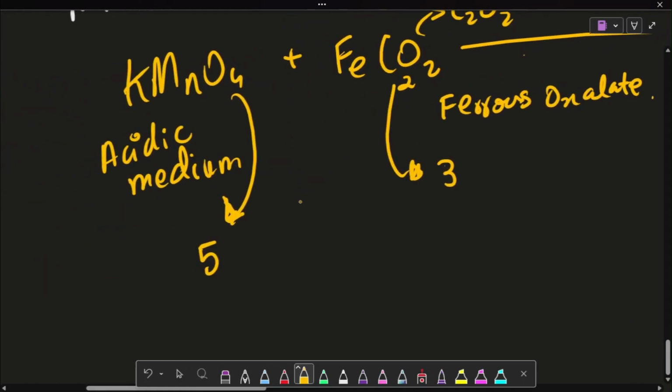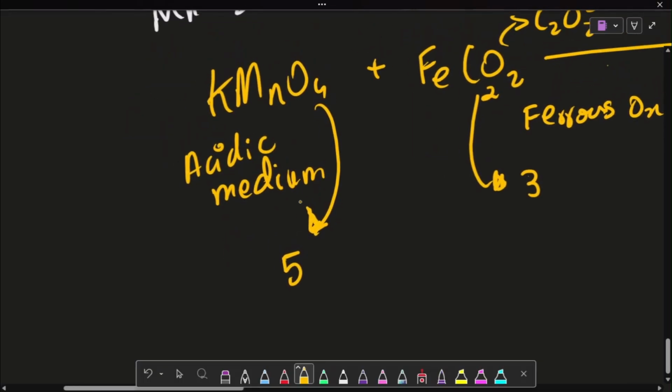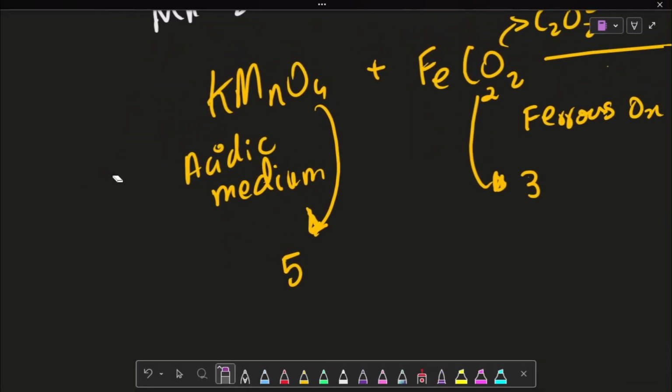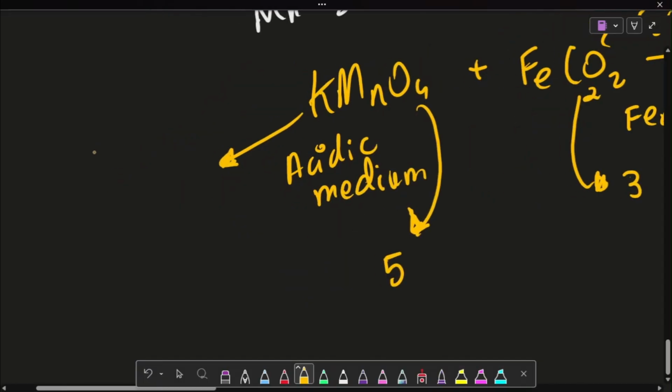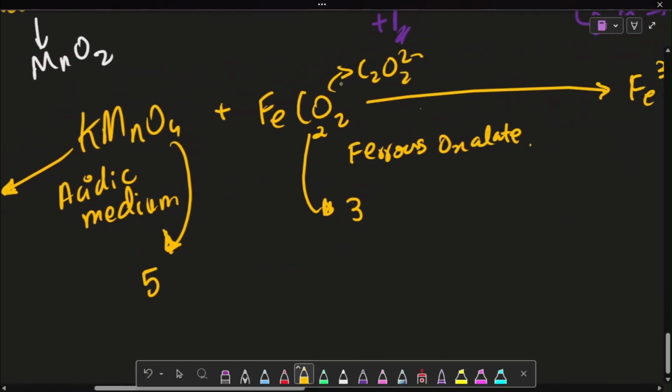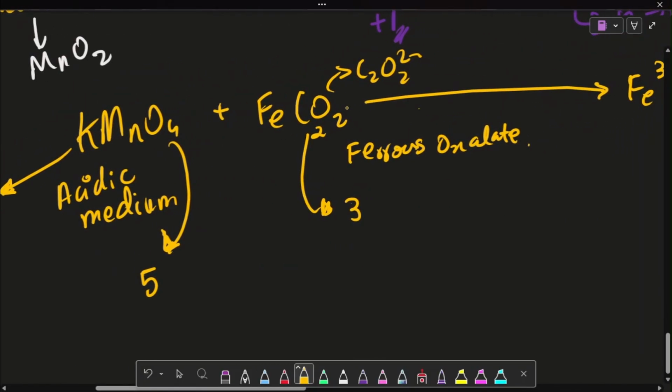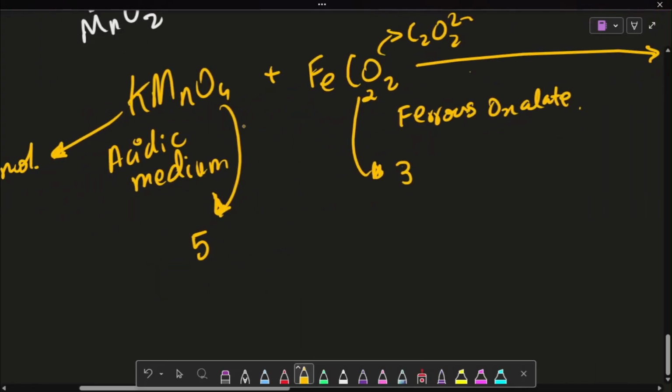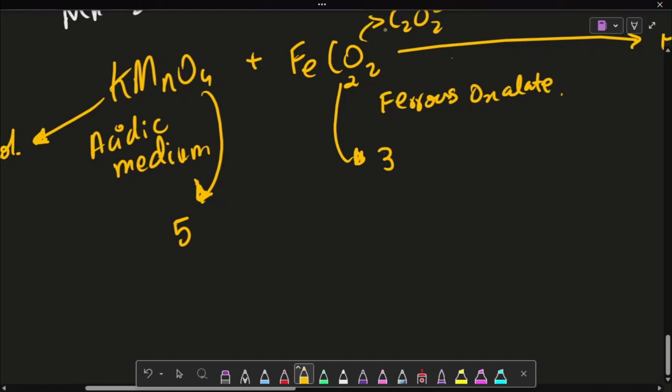So let's say you had 5 moles of KMnO4 reacted with FeC2O4, and both are completely reacted, and then they ask you how many moles of FeC2O4 reacted.